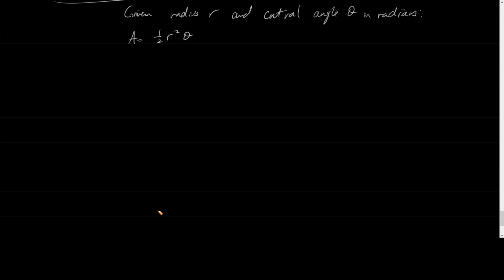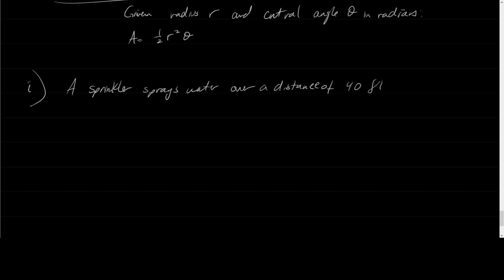So we're at example I. A sprinkler sprays water over a distance of 40 feet and rotates through 80 degrees, or through an angle of 80 degrees.